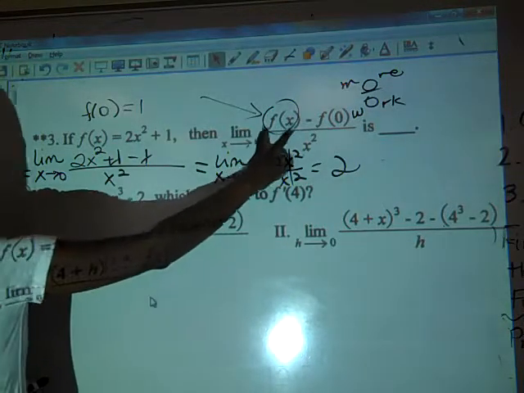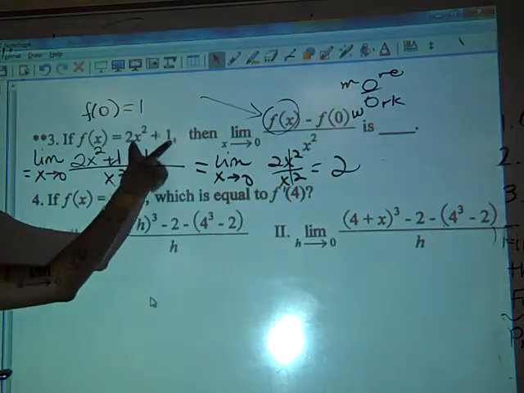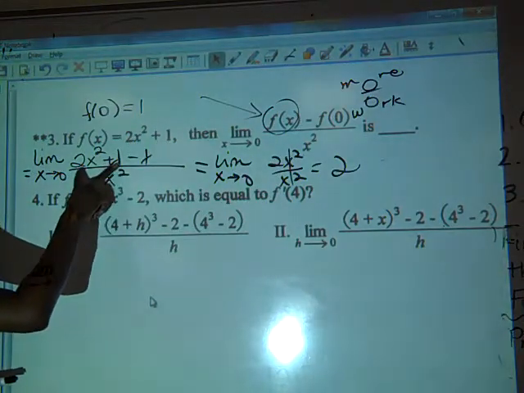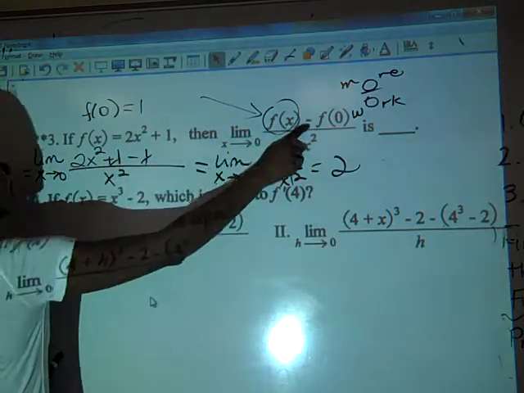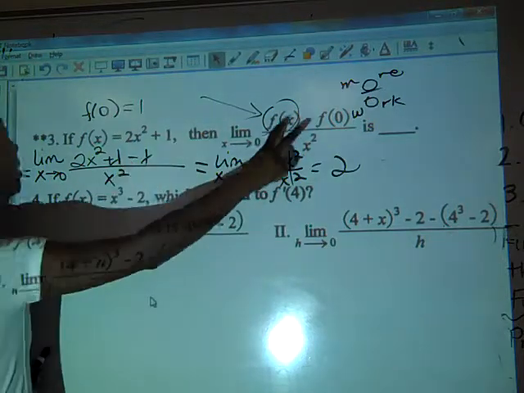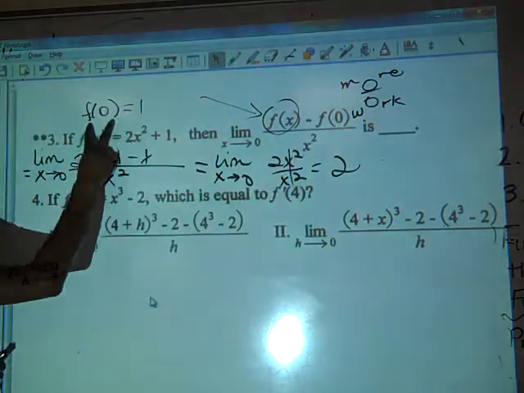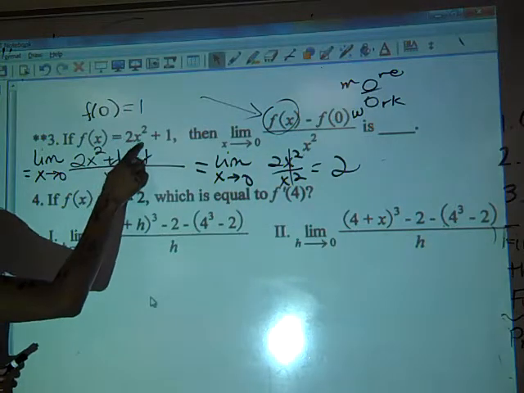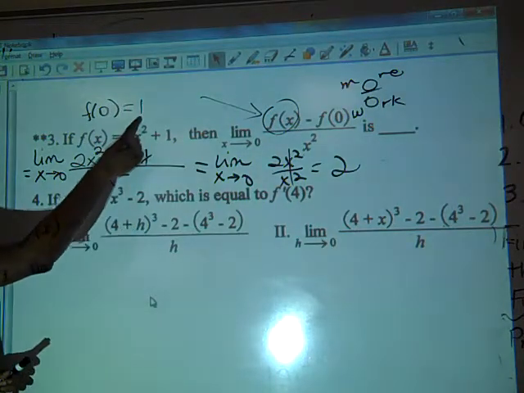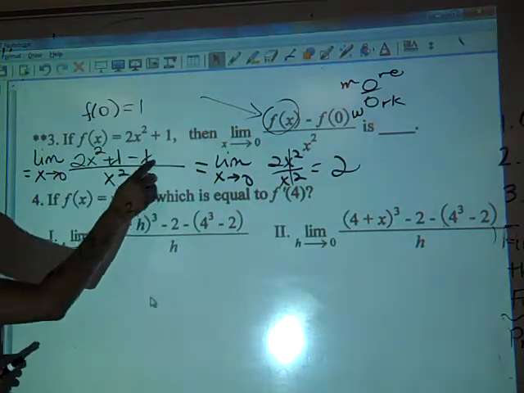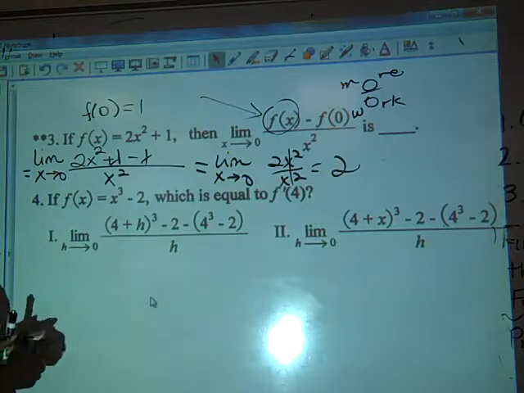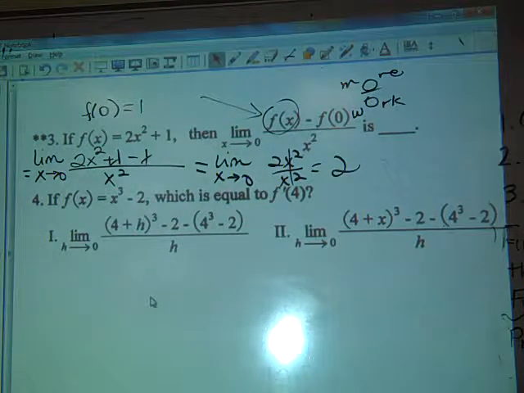All right, this says f of x. F of x was given, so I put that there. Minus f of 0, I worked f of 0 up here. When you plug in a 0, you get 0 plus 1 is 1. So f of 0 is 1. This is one of our questions on our test. That was something kind of similar: f of x minus f of 0 over x squared.